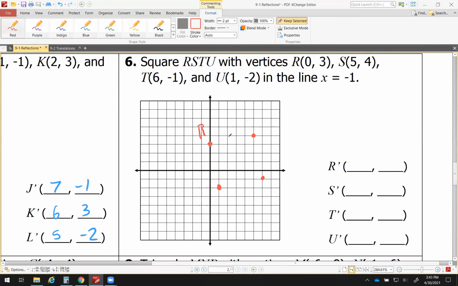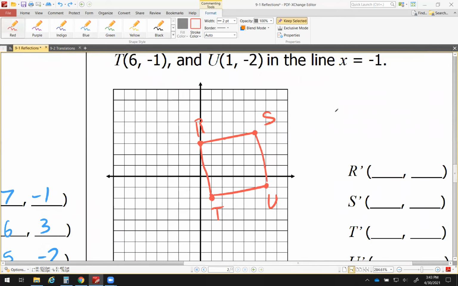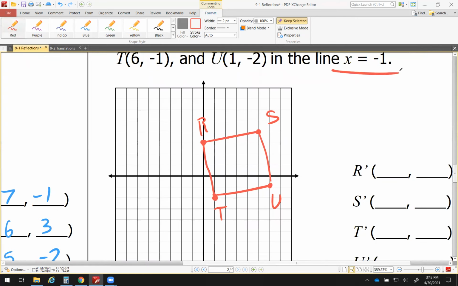So that's R, S, T, and U. I'm going to move that over just a hair because I'm going to need that space. All right, poorly drawn square, but I'm not an artist, I'm a math teacher. The line we're going to be reflecting across is x equals -1. That is this vertical line that I'm highlighting right there.